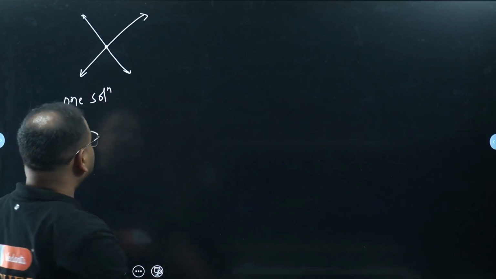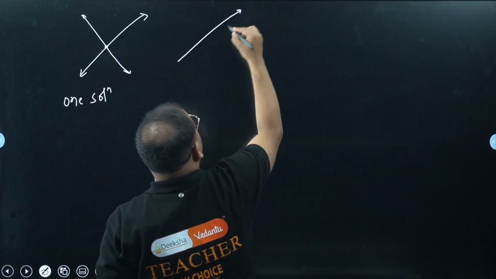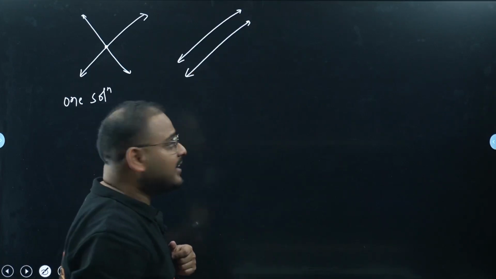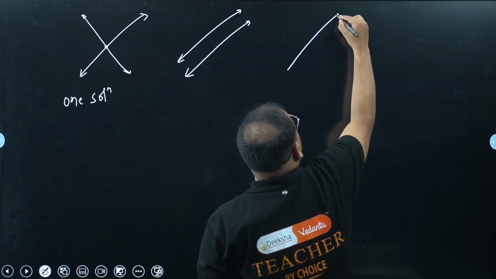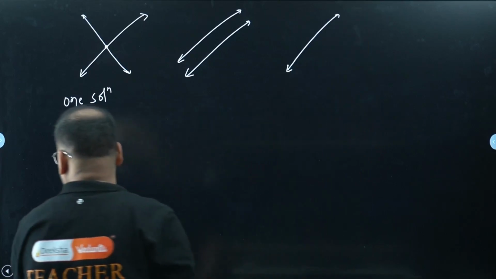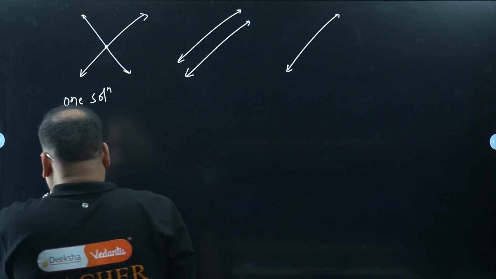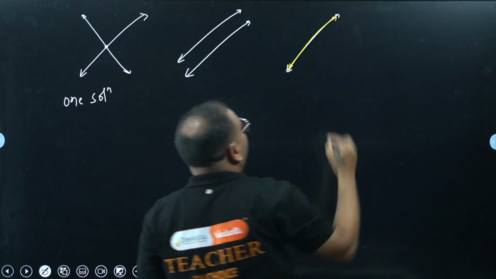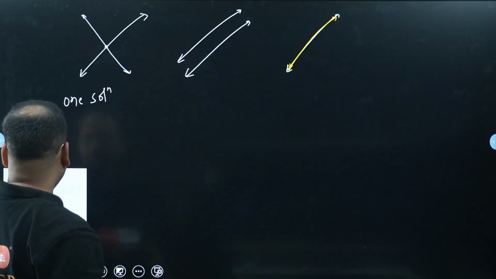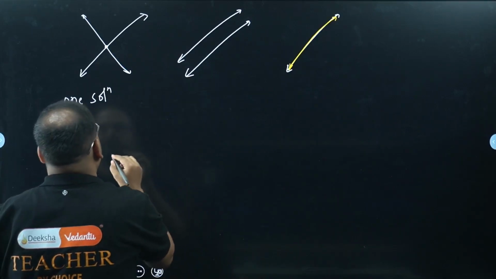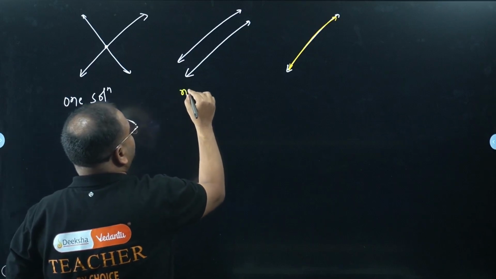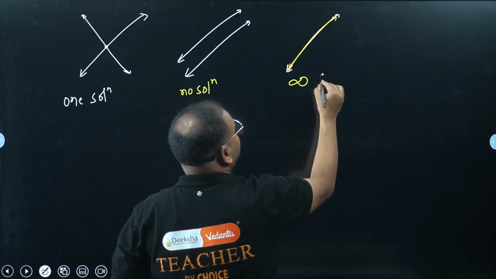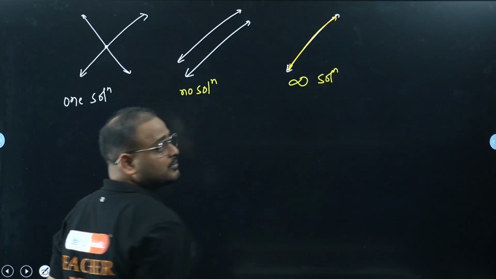When there is no intersection, the lines will be like this. And when there is a lot of intersection, actually infinite intersection, check this out: the two lines are overlapping. So this is one solution, this is no solution, and this is infinite solutions.